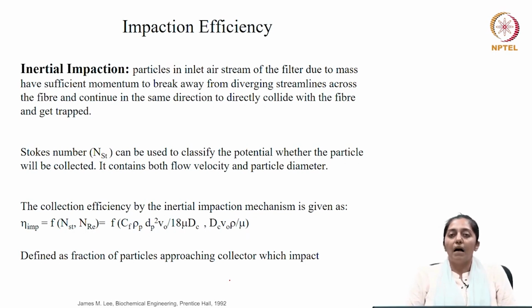If they have enough mass, then they will have sufficient momentum to break away from the diverging streamlines across the fiber, and they will continue in the same direction to directly collide with the fiber and get trapped.